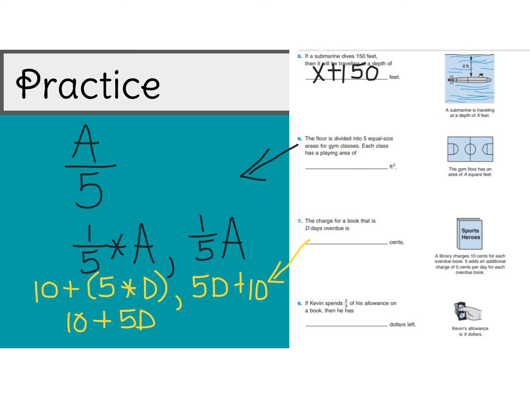Well, if he spends 2/3, he only has 1/3 left. So when we go to write our equation, we could write 1/3 times x. This would be one way. Another way would be 1/3 x, or x over 3. So again, there are several different ways that we can write expressions.